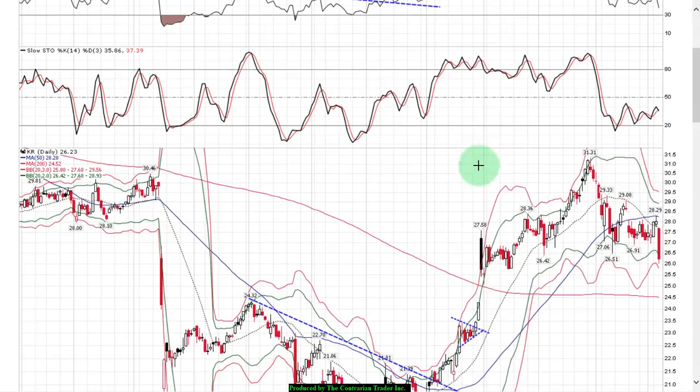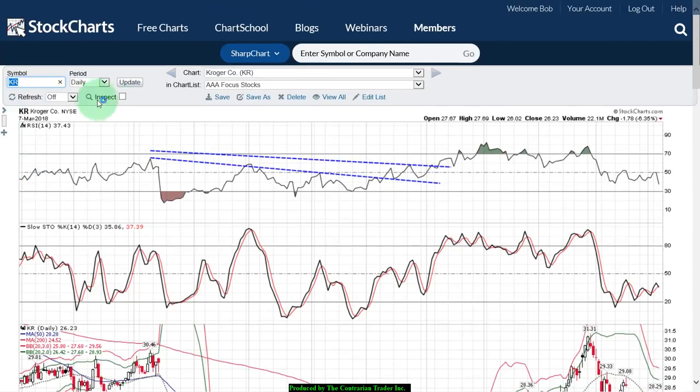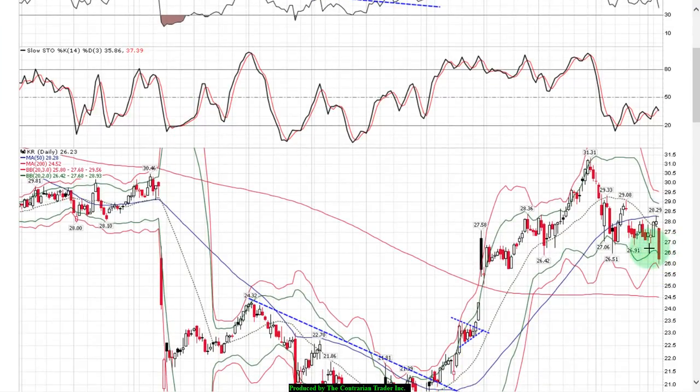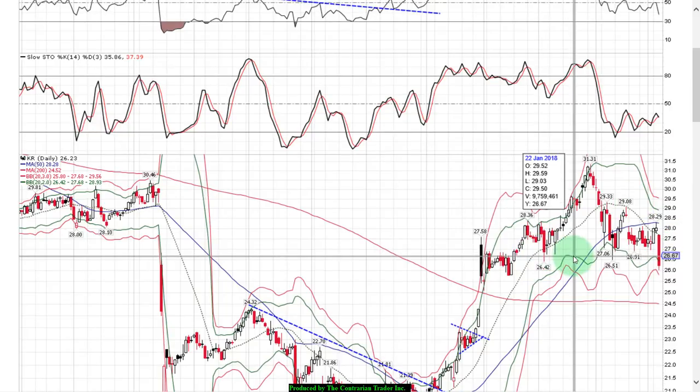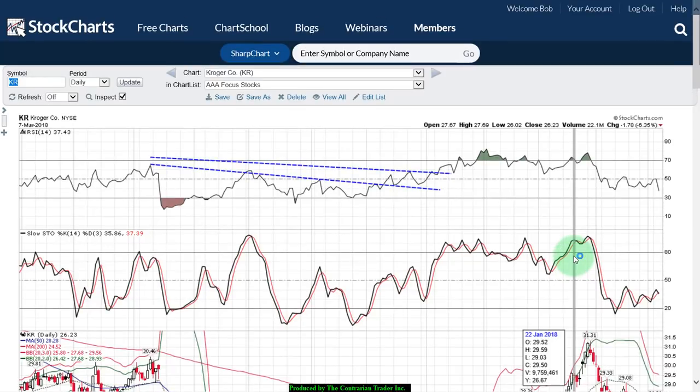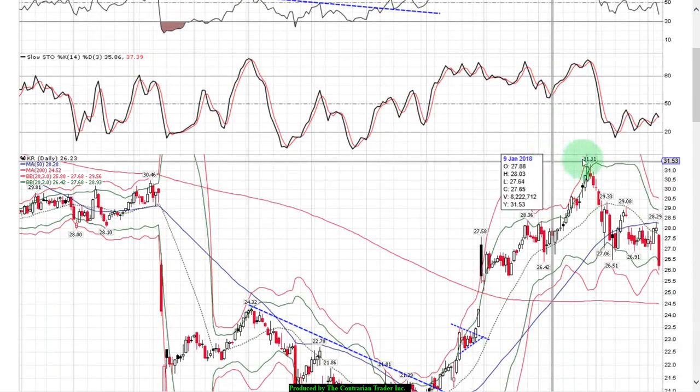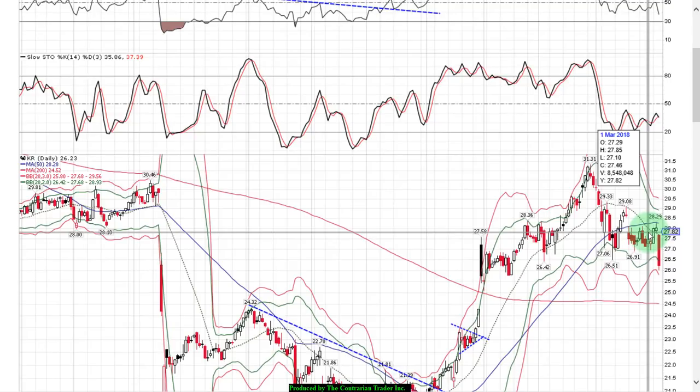Daily chart. So yesterday, we broke down below the neckline of this head and shoulders setup. Left shoulder, head, right shoulder. Let's call 26.42 the neckline. Where do we close? 26.23. So the probability of lower lows is very good here.